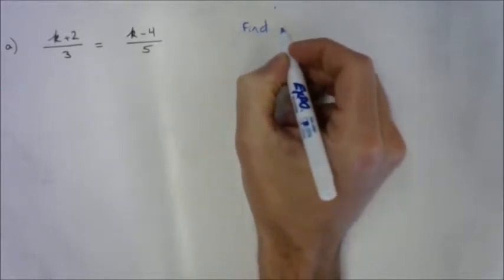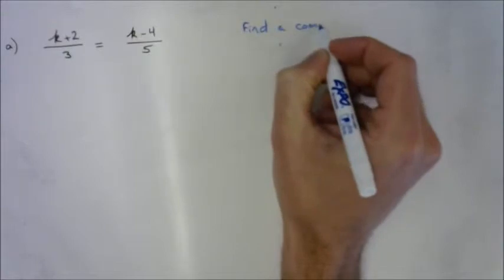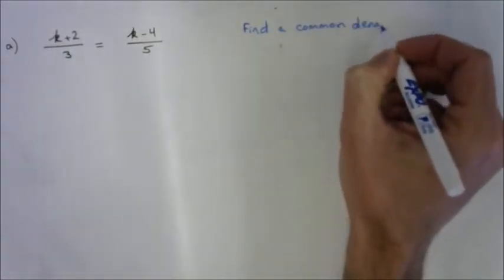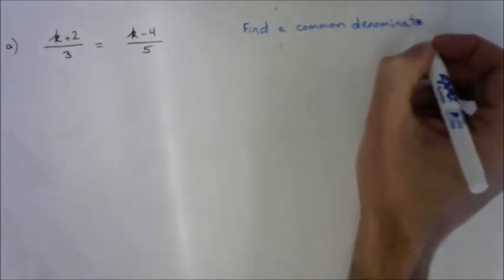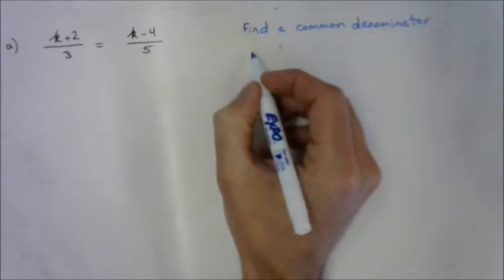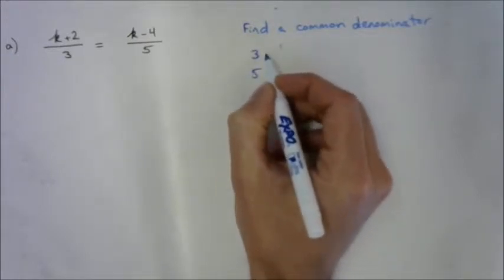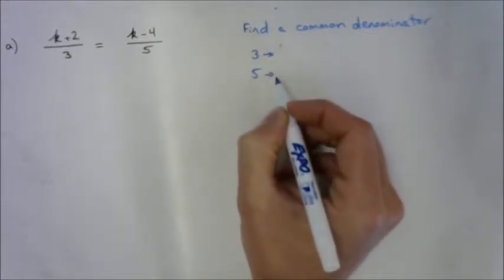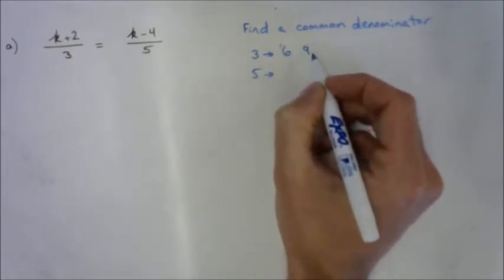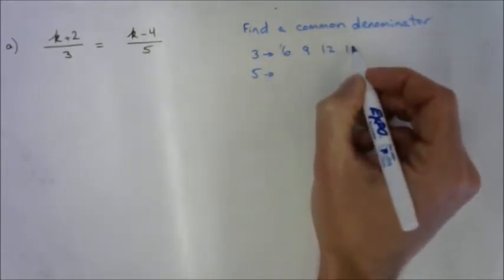Find a common denominator. Okay, so we have 3 and 5. For 3, our multiples are 6, 9, 12, 15.